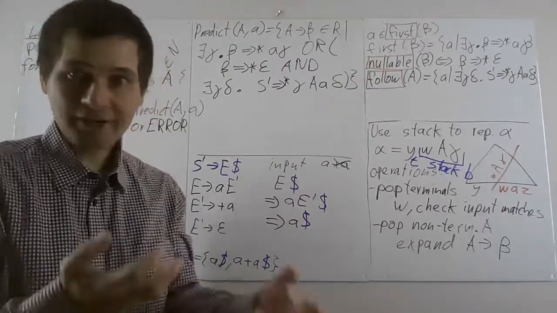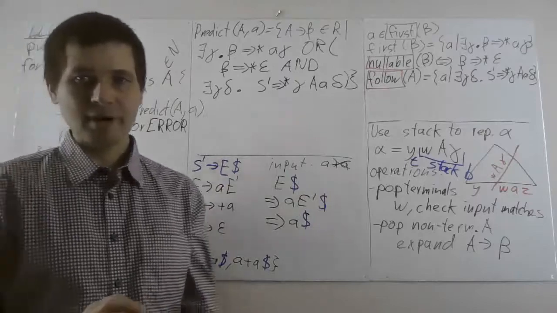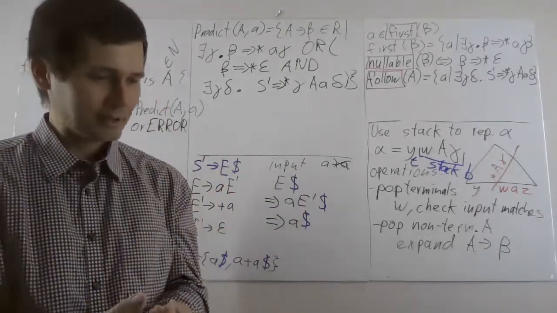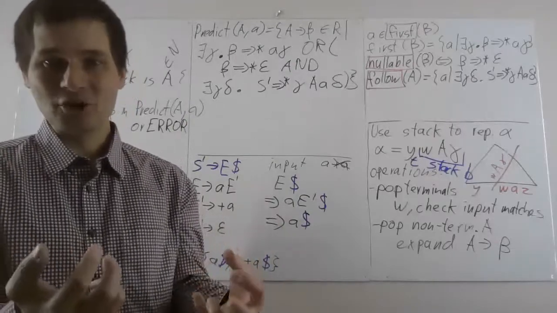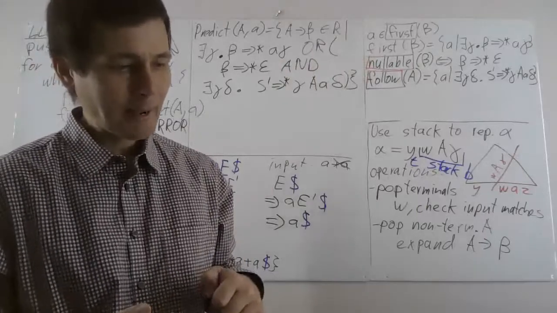So I want to kind of do it by example. I'm going to do it for this particular example grammar. And as we do the example, I'll try to tell you the general ways that you would compute these.